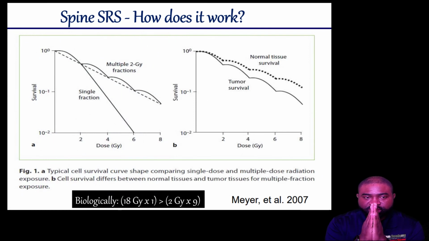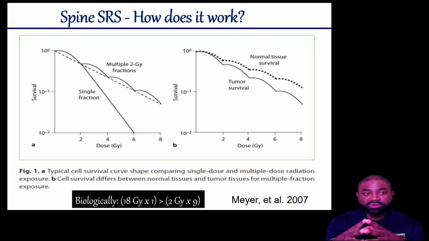So how does this work? Just briefly, the primary rationale for spine stereotactic radiosurgery is to deliver a significantly higher biological effective dose, which in turn improves local tumor control when compared with conventional radiation therapy. There is lots of published evidence demonstrating the efficacy of using stereotactic procedures in the treatment of spine cases.